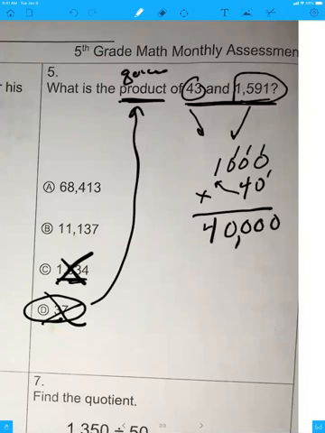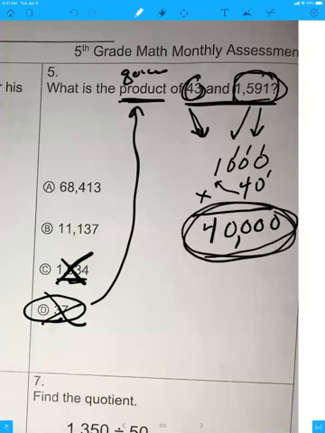I rounded this number way down. I rounded this number way down. So my actual answer has to be way more than 40,000, right? How many choices there are way more than 40,000? Only one, right?